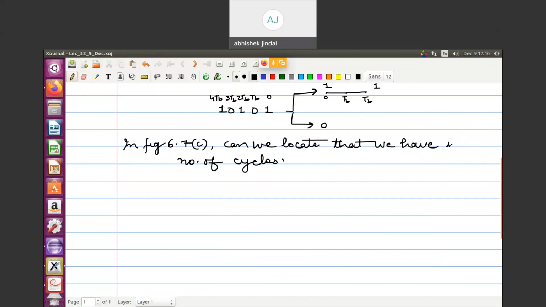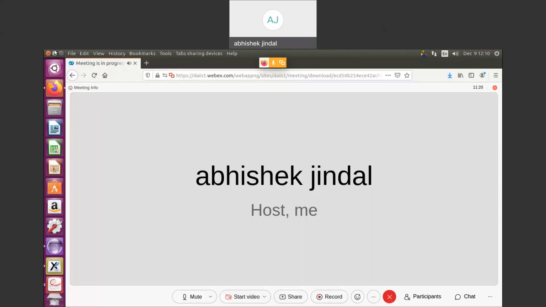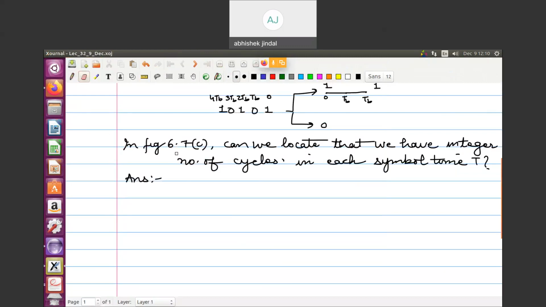Sorry, let me just complete the question first. The question is whether we have an integer number of cycles as we choose fc as some n by T. Answer is yes.